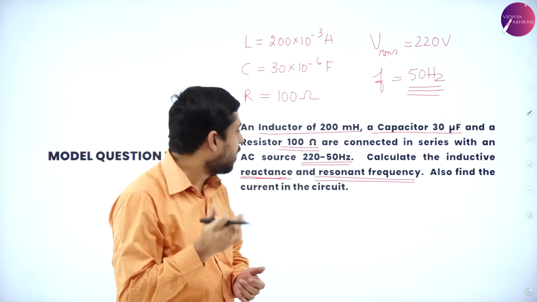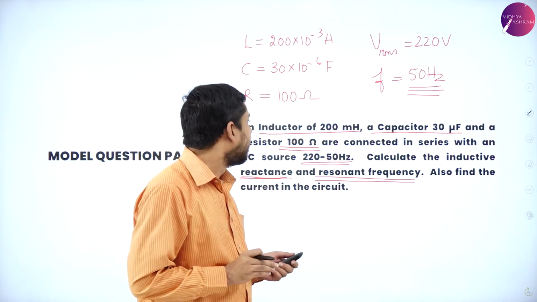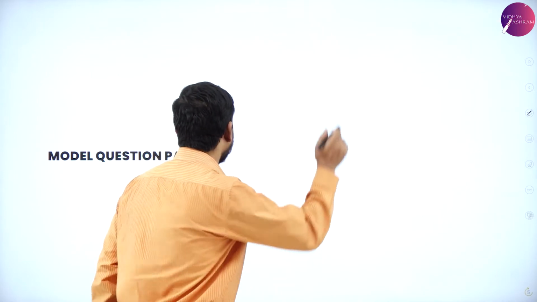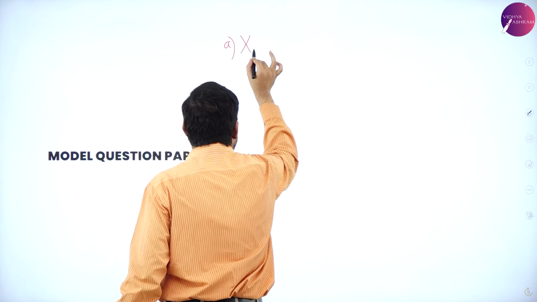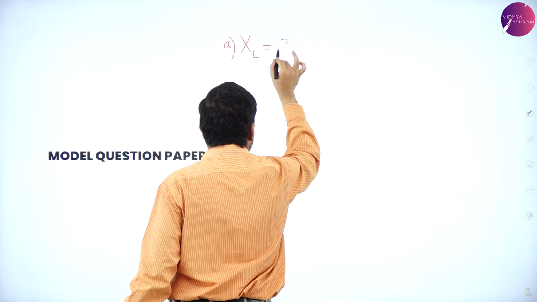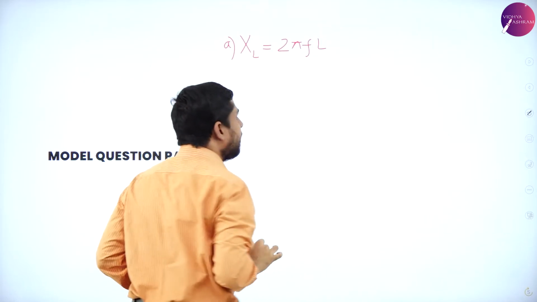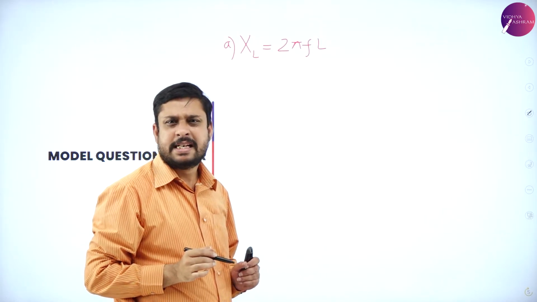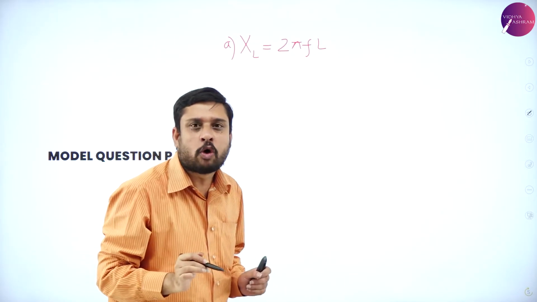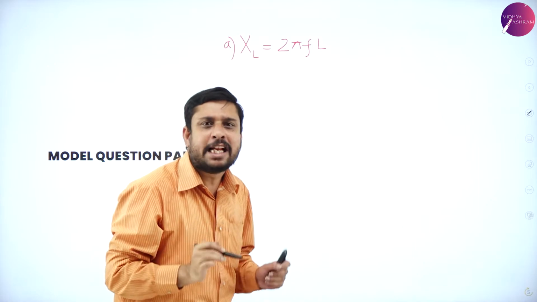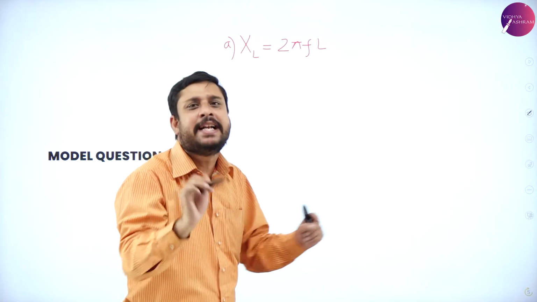So first, what do I calculate? Inductive reactance. So I know inductive reactance is XL, which is 2 pi F L. Wherever you work out problems on AC, calculation of XL and XC is mandatory.